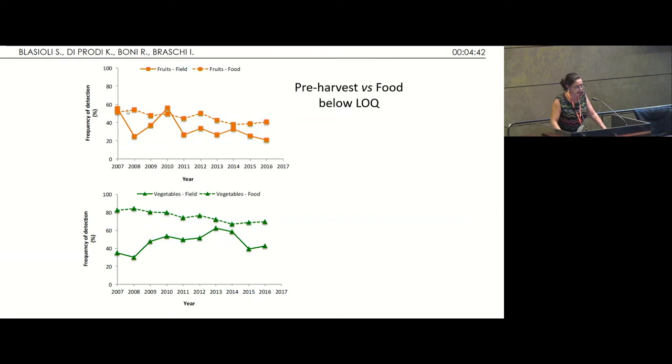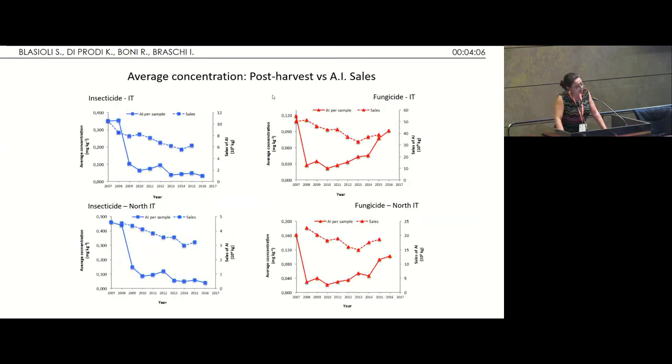So at pre-harvest, of course, we have a percentage which is lower than those reported by the Italian Ministry of Health for the food, and this is, of course, what was expected. This is for fruit, and this is for vegetables, okay? Because at pre-harvest, of course, you need to wait more days before you can consume the food, and so this percentage is lower.